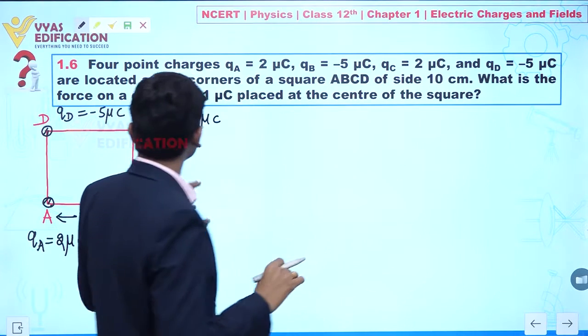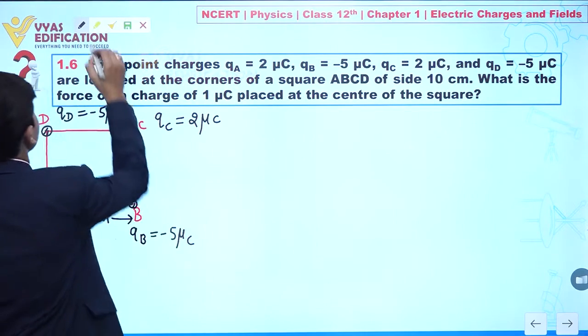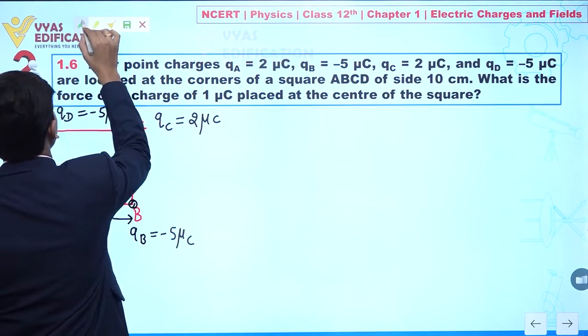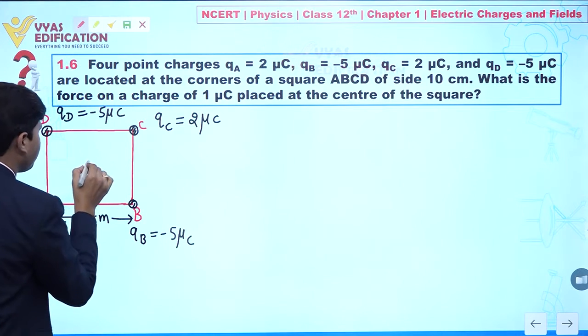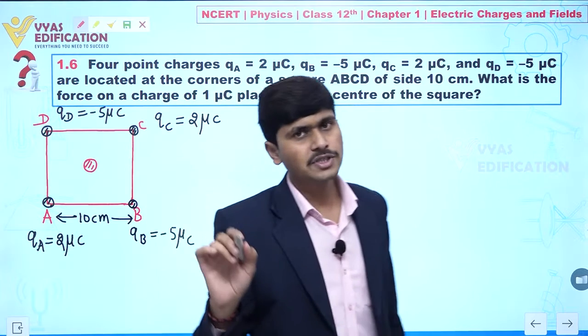Now what is the force acting on a charge of 1 microcoulomb placed at the center of the square? Let's suppose I am placing a charge here, at the center of this square.